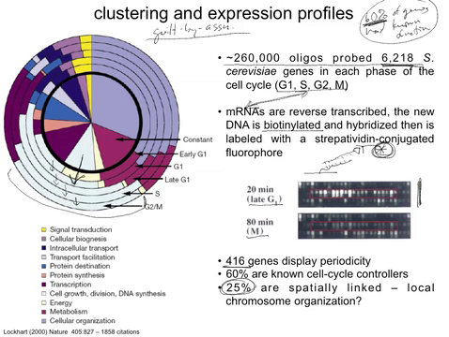And I think the authors, when you look at this paper, are very cautious about the conclusions that they draw, but the point is still made that there's new information to be found about the cell cycle in this particular case through the use of this kind of technology. And again, that technology is fluorophore conjugated hybridization using reverse transcribed message bound to an array of, in this case, hundreds of thousands of different oligos covering most of the entire genome of yeast.